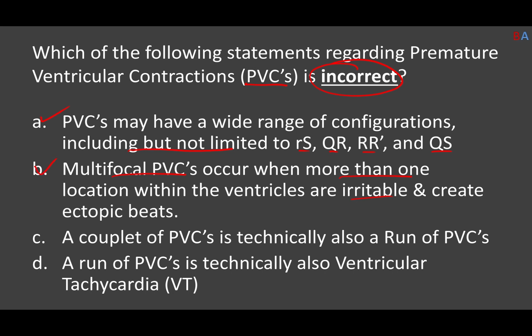That's absolutely true. That's the definition of multifocal. C, a couplet of PVCs is technically also a run of PVCs. That is not true. A couplet is a couplet. You need 3 to be a run of PVCs. Now, which then leads us actually to D. A run of PVCs is technically also ventricular tachycardia. That is true. So out of all of these statements, C is the one that is not true.